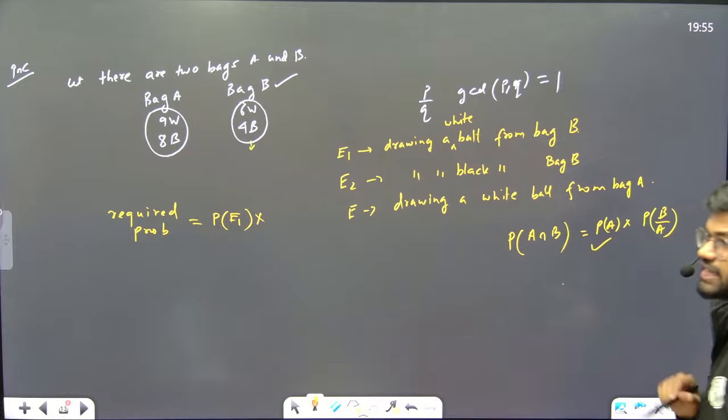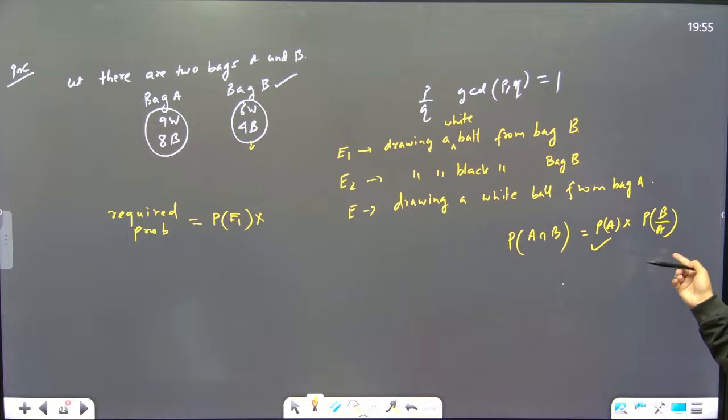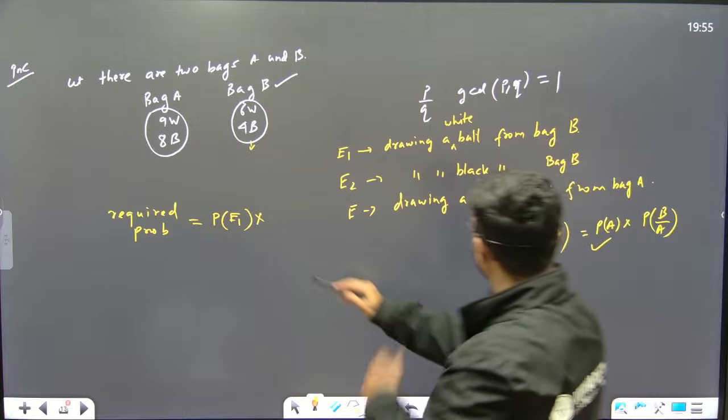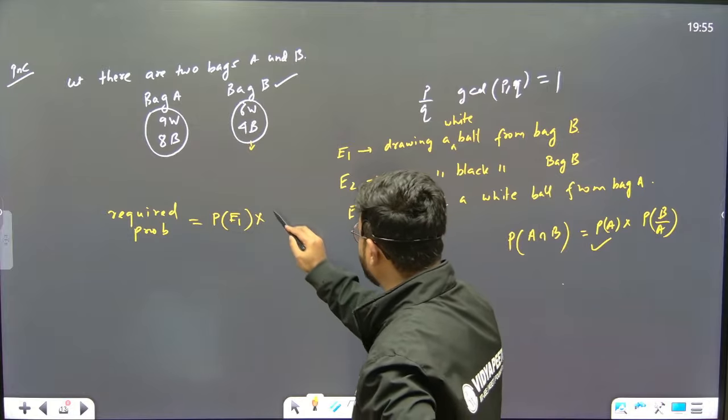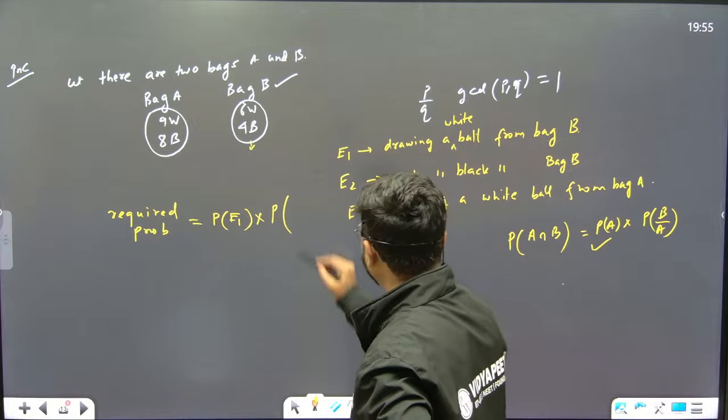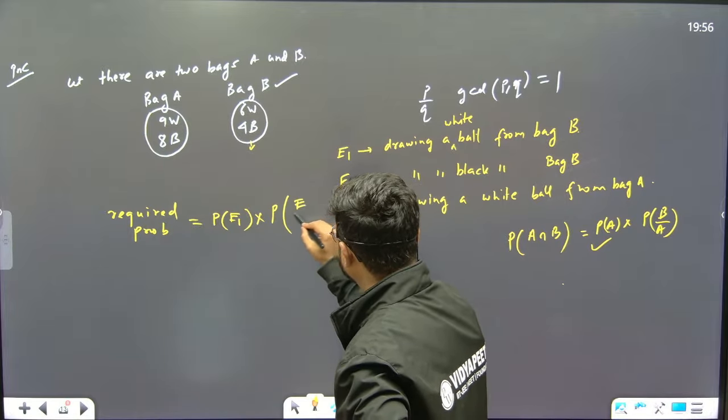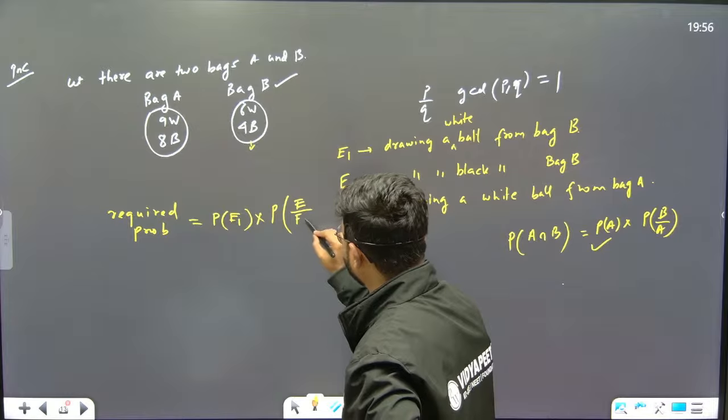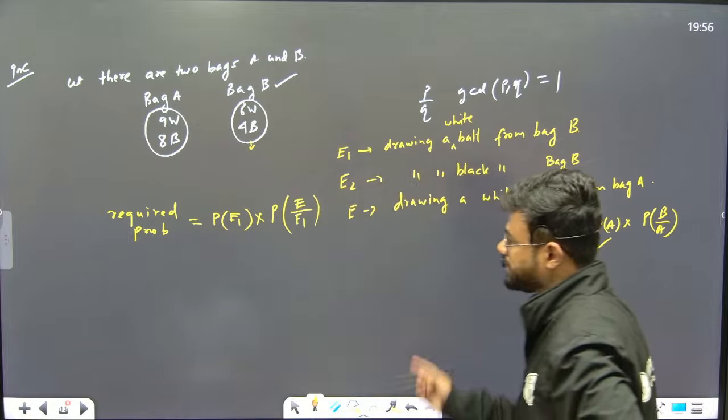First event A has occurred, and after that event B is taking place. So first I'm drawing a white ball from bag B, and then I'm drawing a white ball from bag A, given that I have already drawn a white ball from bag B.